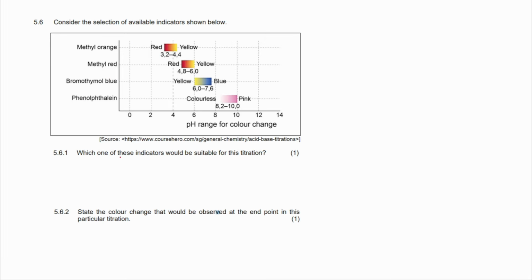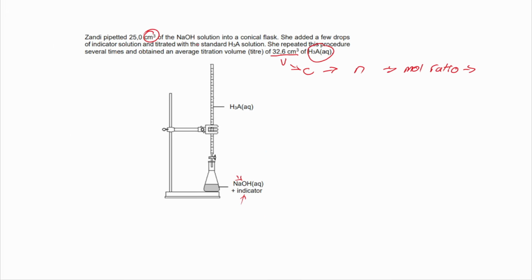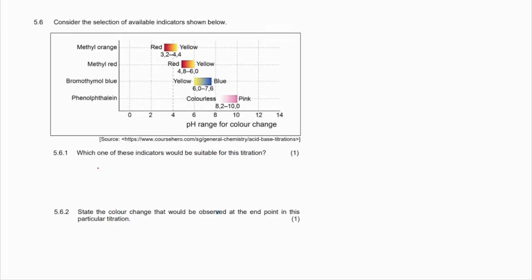But before we get there, they say which one of these indicators would be suitable for her to use in this titration. So we need to think, this is still a weak acid plus a strong base. And earlier we circled that our resulting solution slash salt is going to be basic. Okay, it's going to be basic, and quite basic.